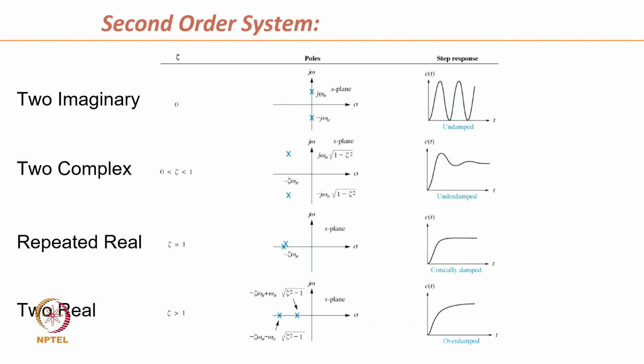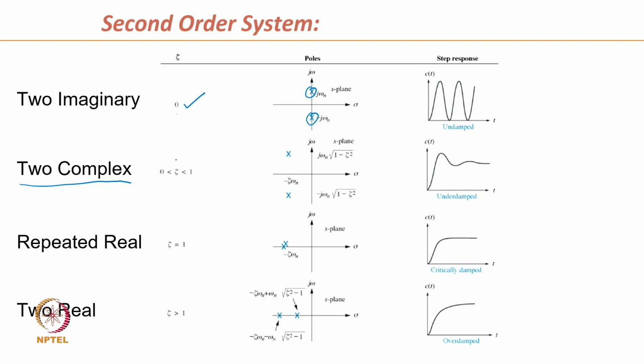Earlier we calculated the roots. For example, for an undamped system we had roots like this, but if we calculate zeta, zeta is 0 for this undamped system. Similarly, for the underdamped system we calculated two roots which are complex.